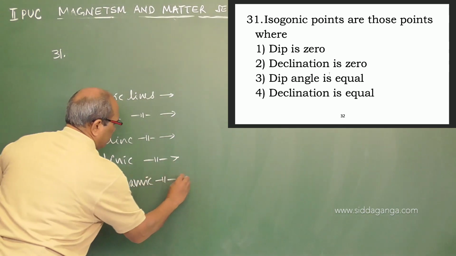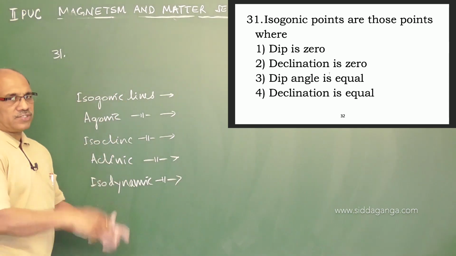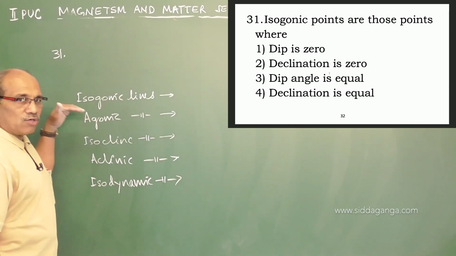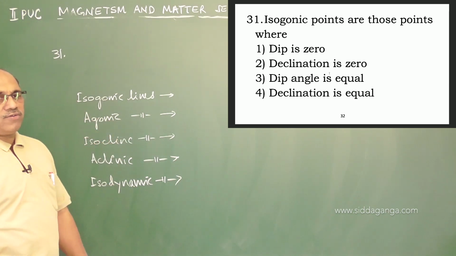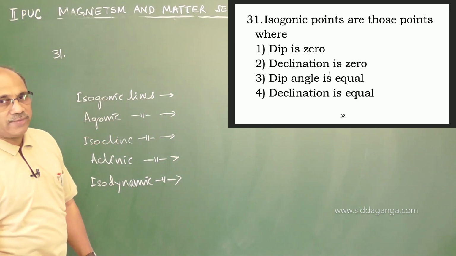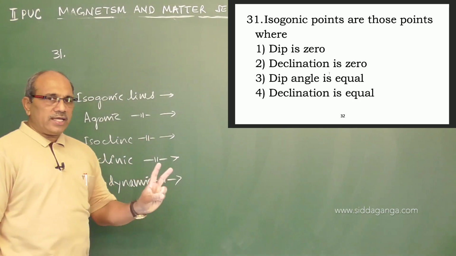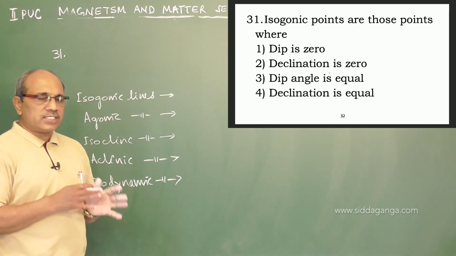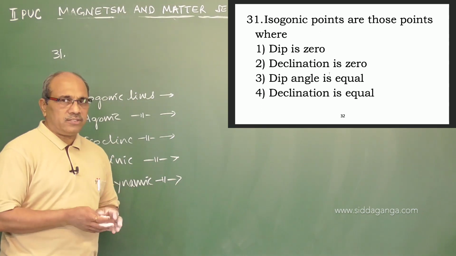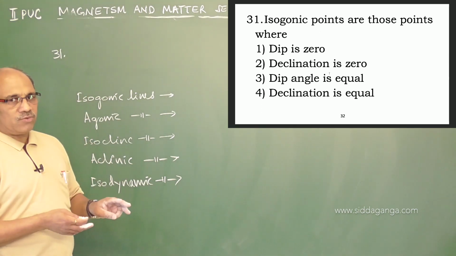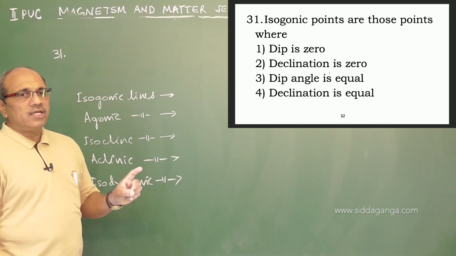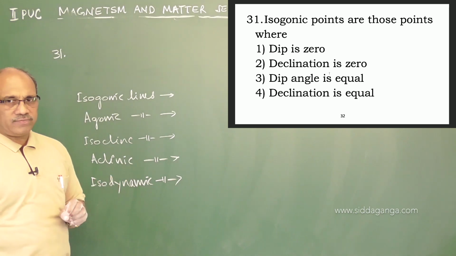They are the lines drawn on the surface of the earth, at which points or along which line a certain value of the earth's magnetic elements is the same, dip or declination or BH, either same or zero. Because we are understanding the magnetism of the earth with three parameters: one is dip, another is declination, and the third is the earth's horizontal component.